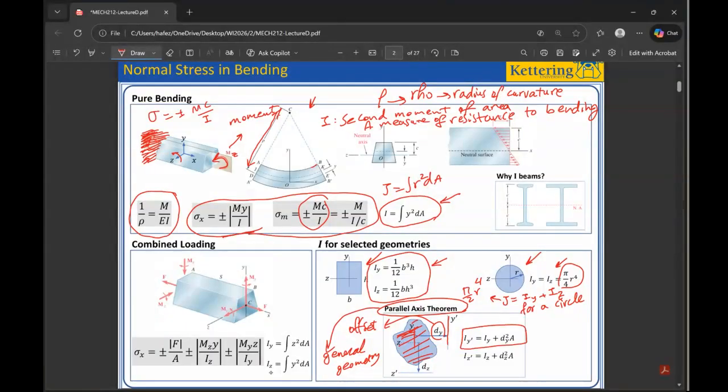As shown in here, this upper piece gets shrunk or shortened or wrinkled. So on this face, stress is negative. In contrast, in the opposite face, it gets elongated. That's the only way that geometry would allow this deformation.